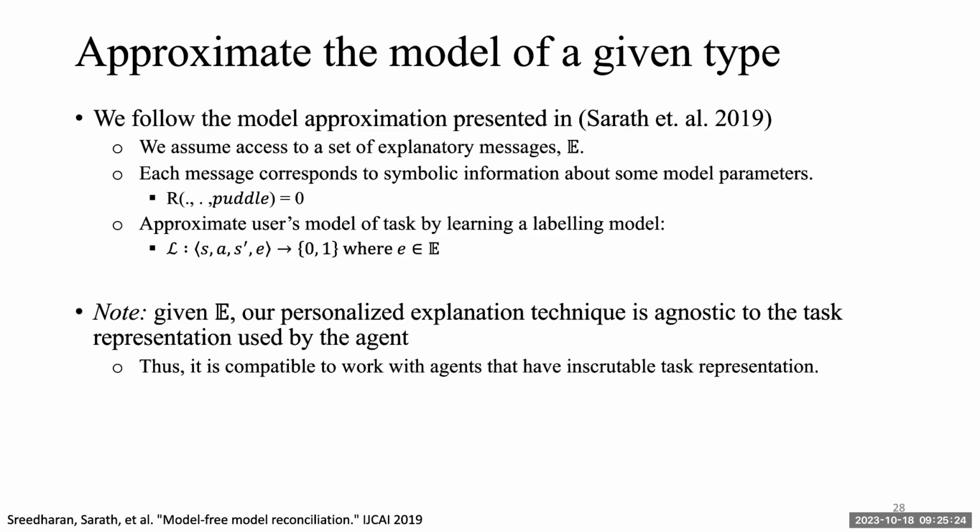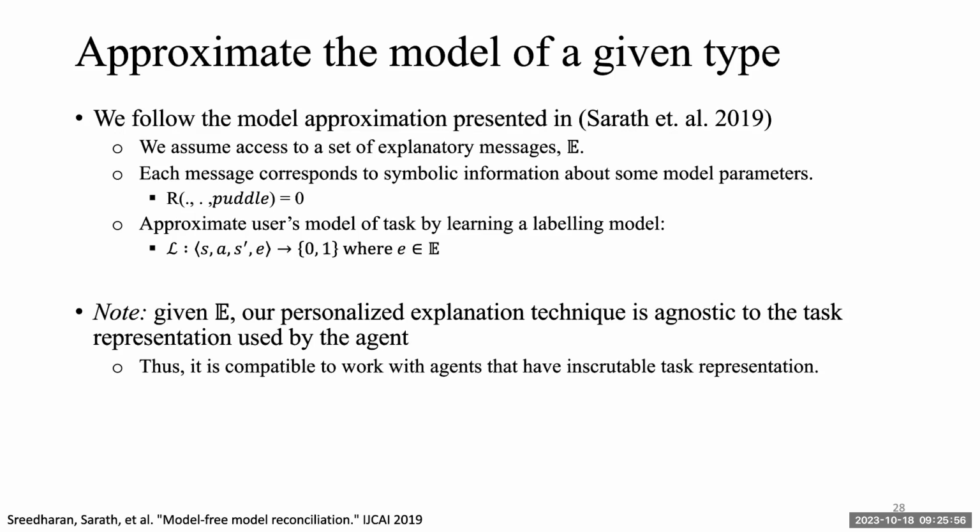Thereby, we can approximate the user's model of the task by learning what we call a labeling model. The labeling model is simple, and given the data, you can use machine learning techniques to learn this. Essentially, it is a function which maps a state, action, next state, or a transition, and a set of messages to 0 or 1, where 1 means that the user of this type, which has this labeling model, will find this transition to be explicable. 0 means they'll find this transition to be inexplicable.